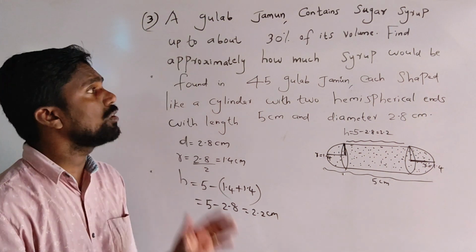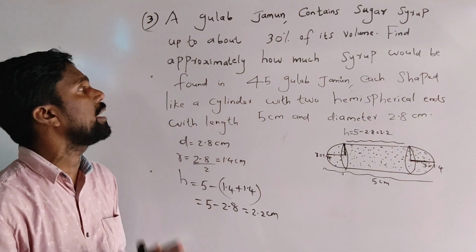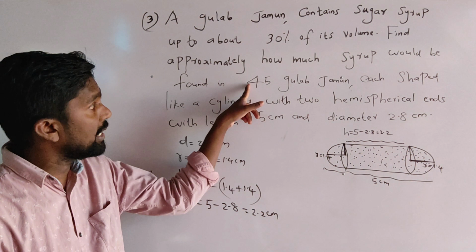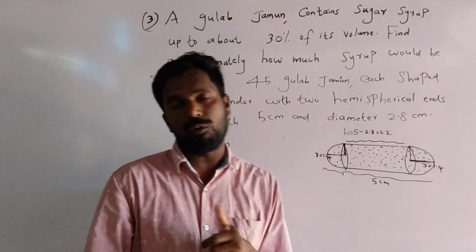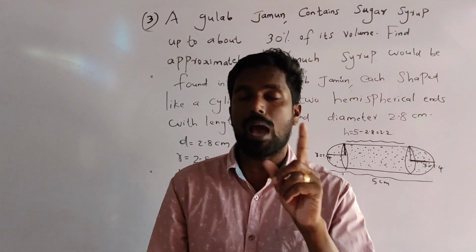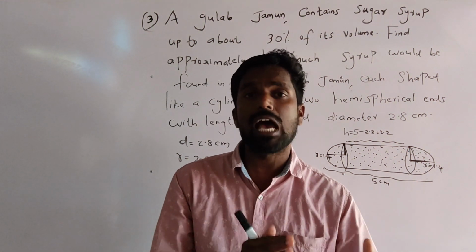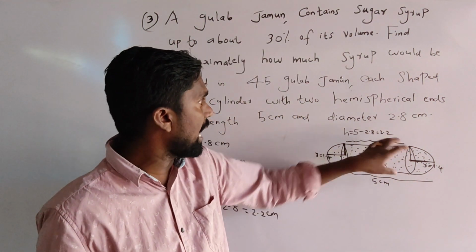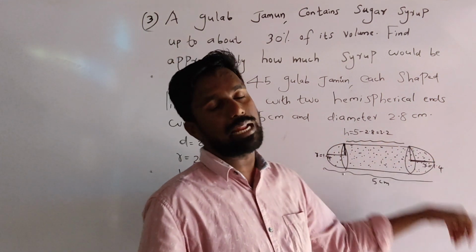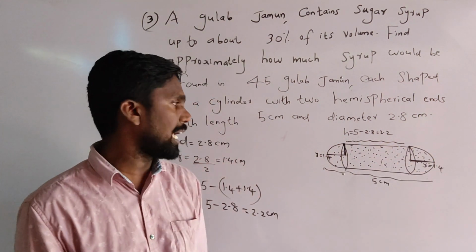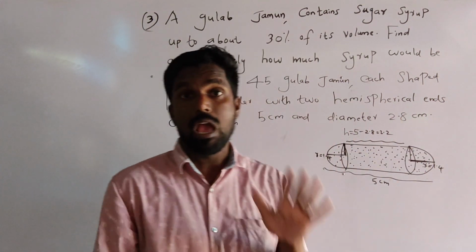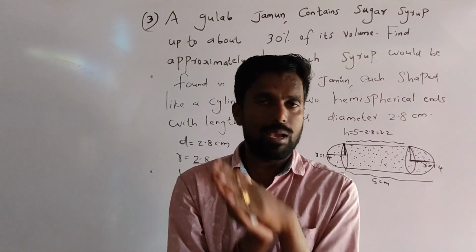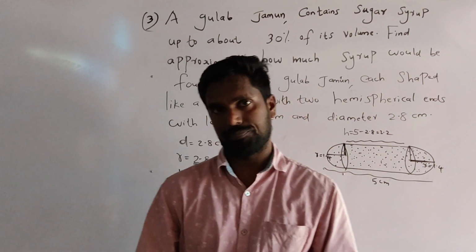Okay. We have to find out the volume of sugar syrup in 45 gulab jam. So first of all, you have to find out 1 gulab jam volume. Gulab jam means what? Cylinder and 2 hemispheres attached. First of all, you find out the volume of 1 gulab jam.